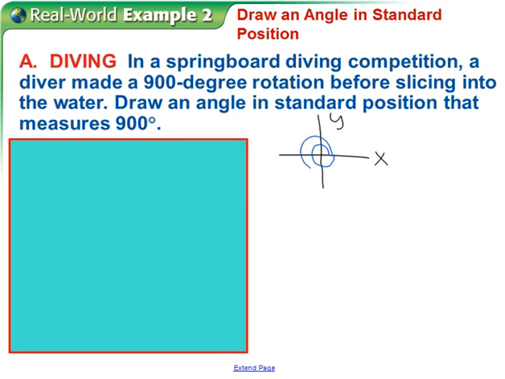Two rotations, how much would that be? 720. So how much more do we have to go? So we have 180 more to go. So where would that end up? 180 degrees is right there. And so our angle is right along the x-axis but in the negative direction.